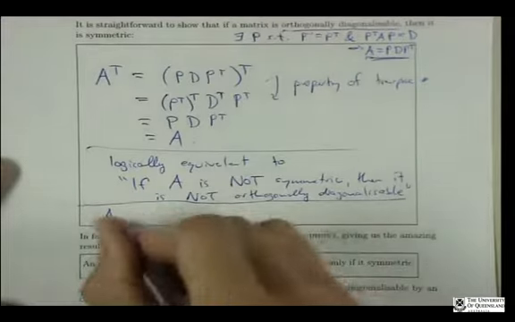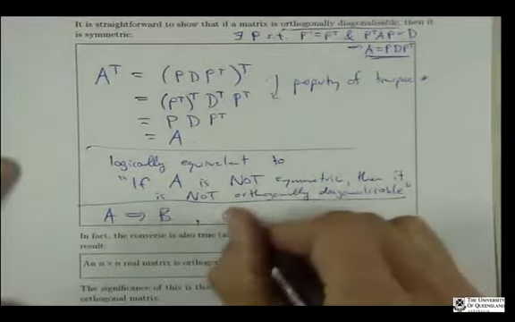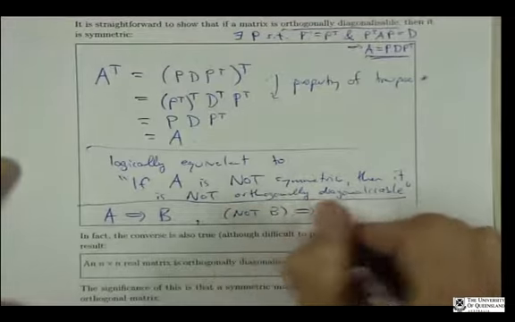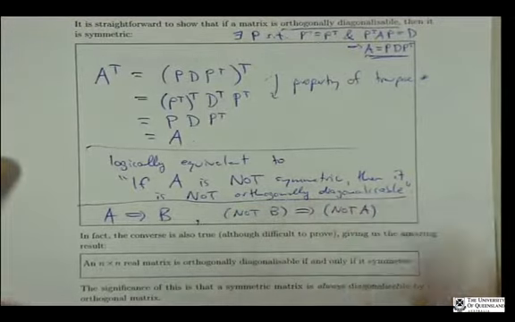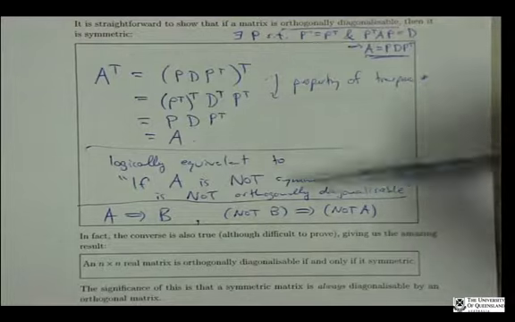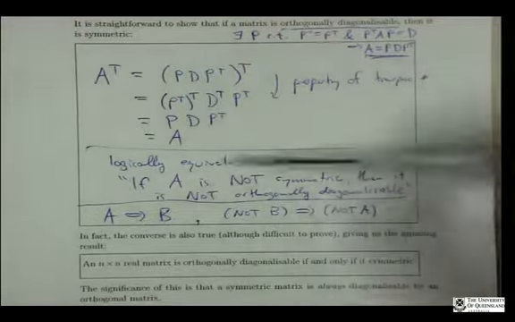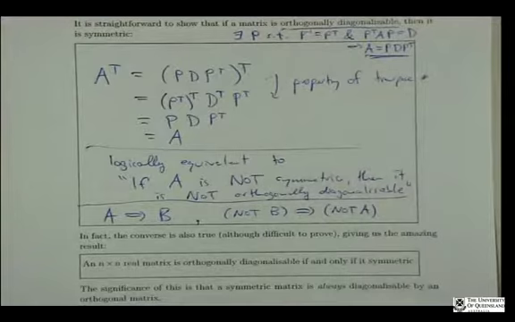If you have A implies B, that's logically equivalent to not B implies not A, or the negation of B implies the negation of A, which is exactly what I've just stated here in the context of this result. That's actually the origin of that language when we say if and only if, A if and only if B. So it's to do with this contrapositive, this logical equivalence. Anyway, that's just a little aside there.